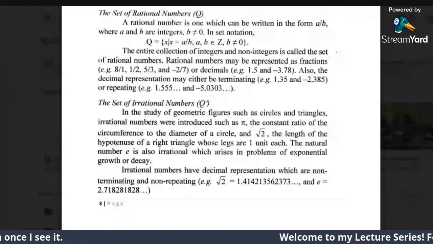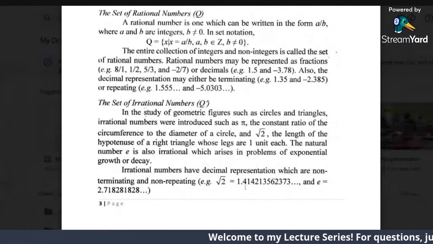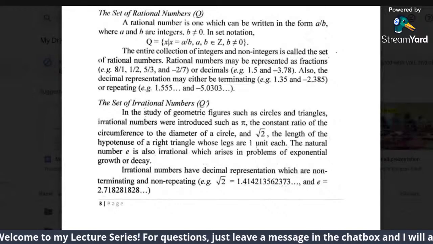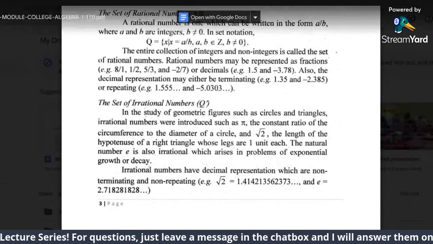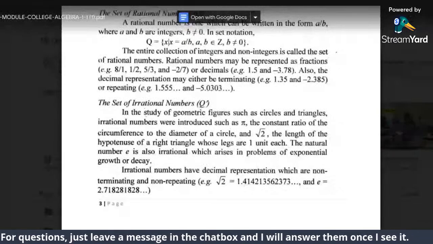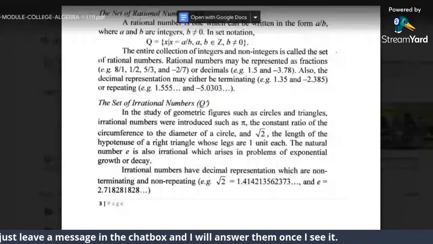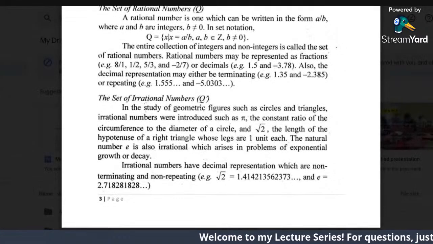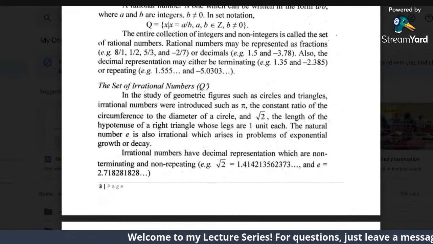And square root of 2 is around 1.4142135 and so on. So these numbers are irrational numbers. Same is true with square root of 3, square root of 5, square root of 7, square root of 10, 11. Those are irrational numbers.